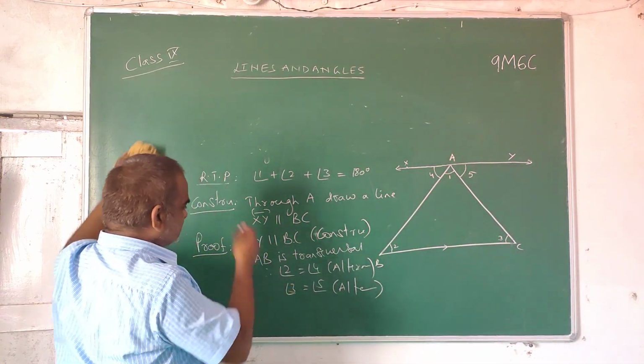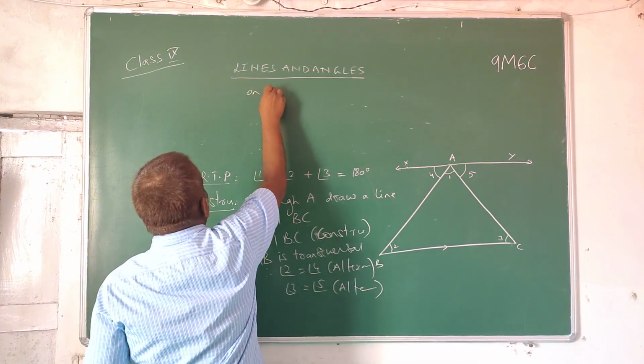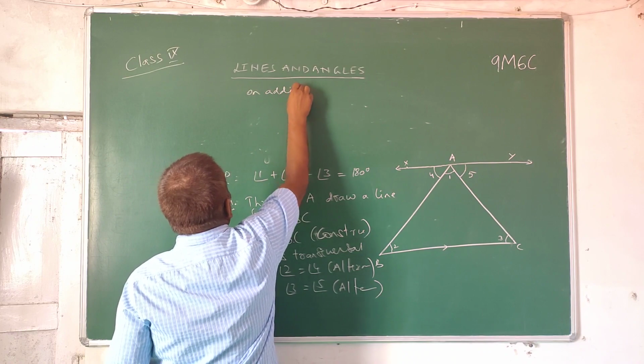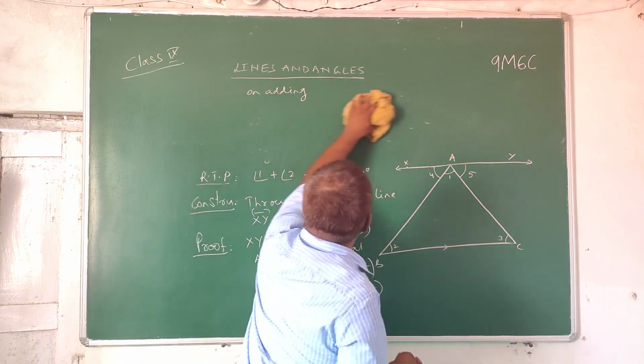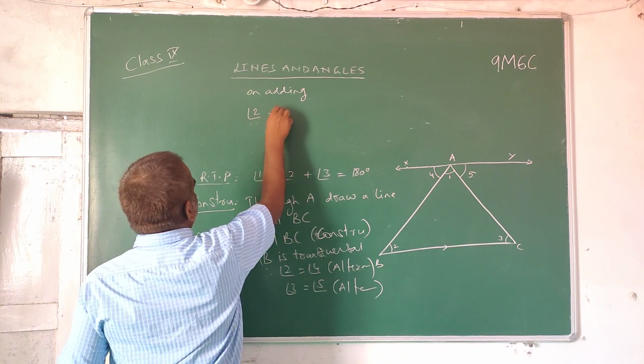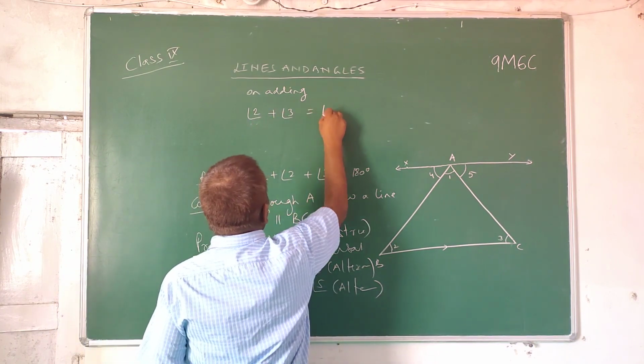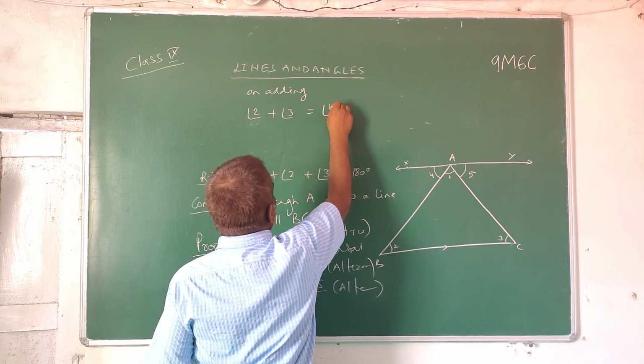Now add these two equations. On adding, what you will have? Angle 2 plus angle 3 is equal to angle 4 plus angle 5.